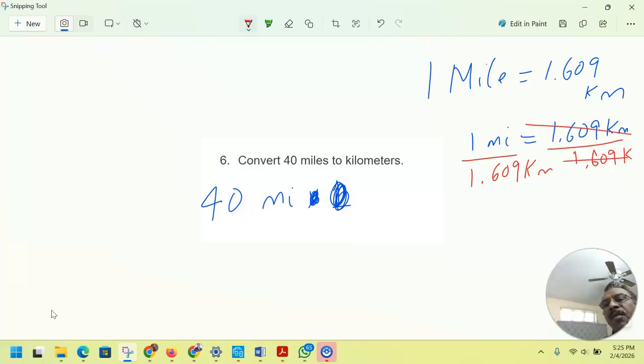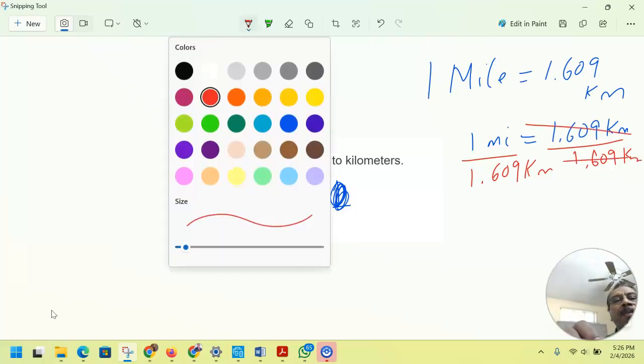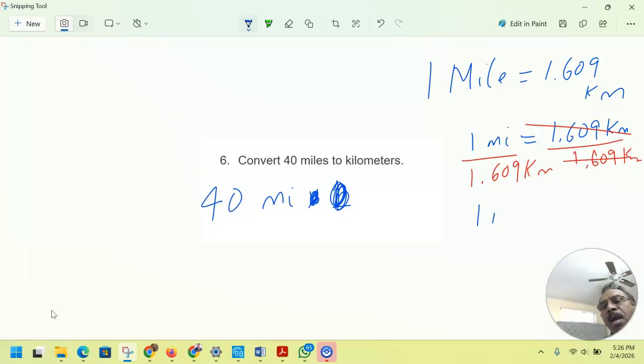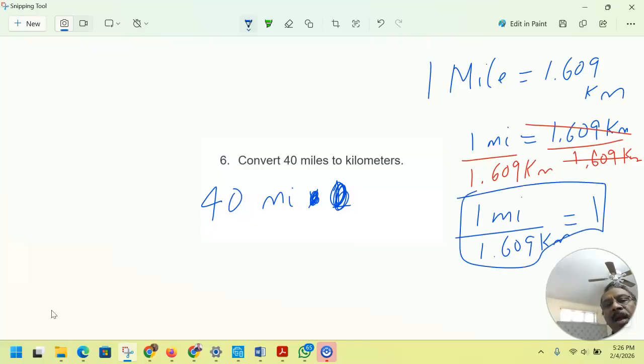That means this crosses out, and we are writing 1 mile over 1.609 kilometer. This is 1.